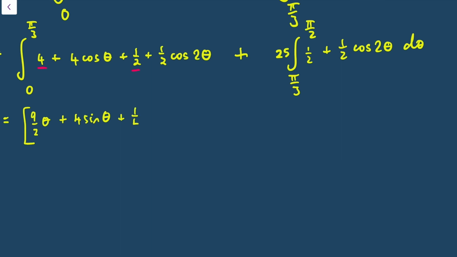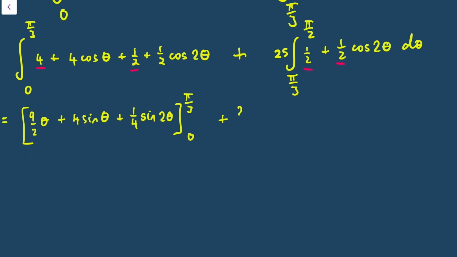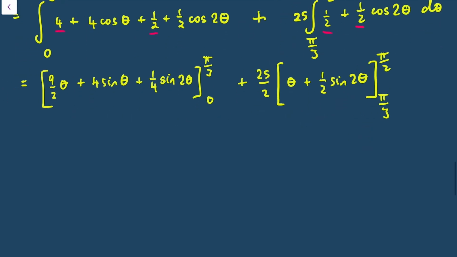So I get 1/4 sine 2 theta between 0 and pi by 3. On this side, I'm going to factor out 1/2. So I'll get 25/2 on the outside. And I'm left with 1, which integrates to theta. And my cos 2 theta becomes 1/2 sine 2 theta. And that's all between pi by 3 and pi by 2.